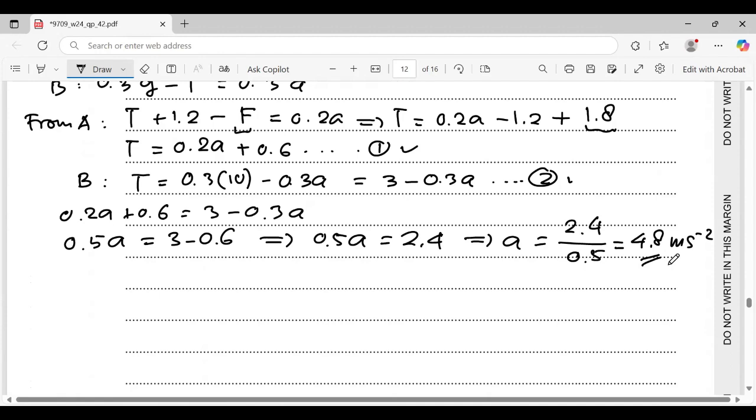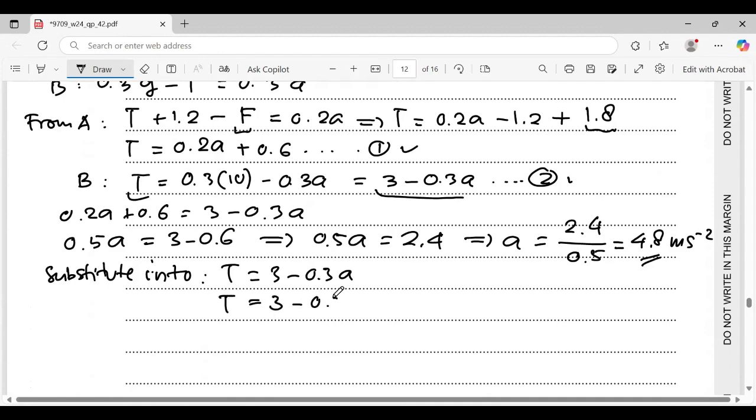This result, A equals 4.8, we substitute into this equation, T equals 3 minus 0.3A, and we can get T: 3 minus 0.3 times 4.8. If you calculate, the result is 1.56 newtons. So T equals 1.56 and A equals 4.8.